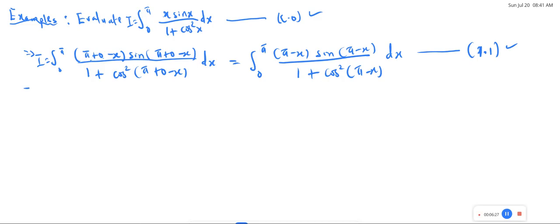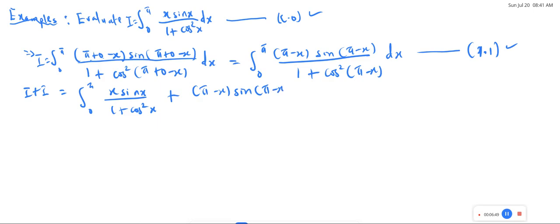So we are going to have I plus I is equal to the integral from 0 to pi of x sine x over 1 plus cos squared x, plus pi minus x multiplied by sine of pi minus x, over 1 plus cos squared of pi minus x, dx.